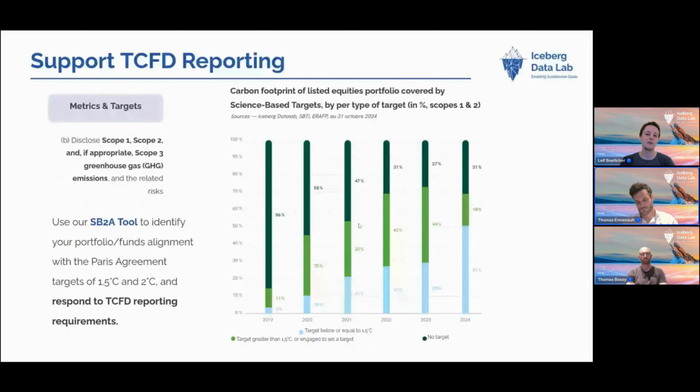And they saw here a solid improvement. So even if maybe your portfolio is not aligned yet, you can still track if you're on the right way. And they've in fact created a TCFD report with this, which is a framework from the EU to kind of guide investors on how to report on these issues.